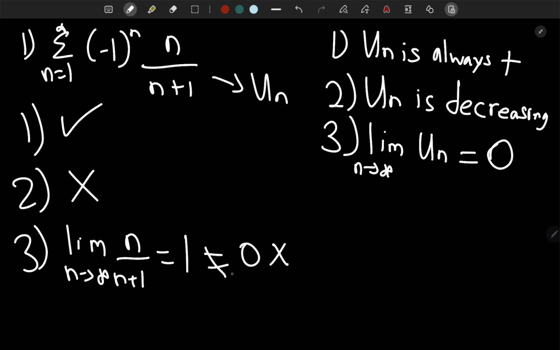Now one very important thing for the second condition is that you cannot take small numbers like 1, 2, 3. You need to take huge numbers like 1000 and compare it to 2000 or compare it to 10,000 and see the difference over there. So that's a very important thing also.